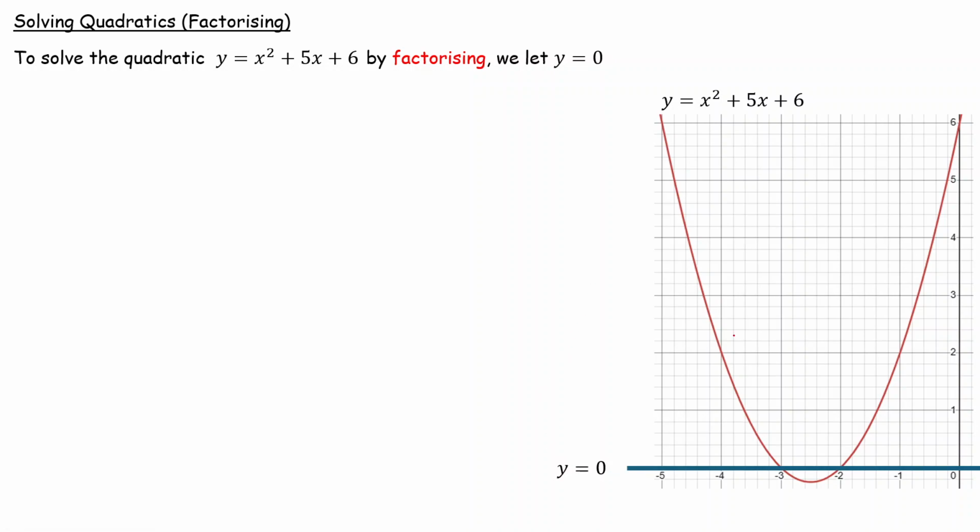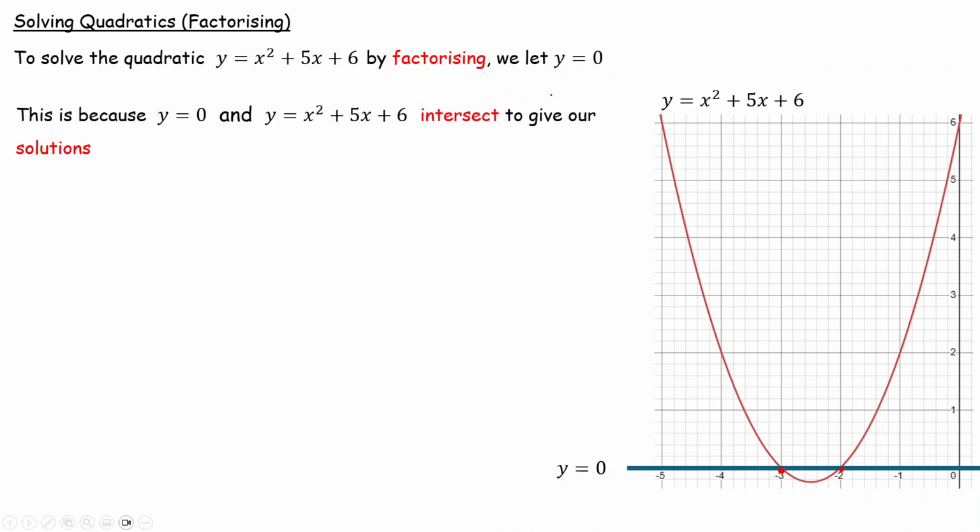It looks a bit strange, but remember, if you have y equals 2, that would be a line going through the y-axis at 2. When it's equal to 0, that's when it lies on the x-axis, and we get the two points that we want. So just know that when we solve by factorising, we let y equal 0, because this is how we get our two solutions.